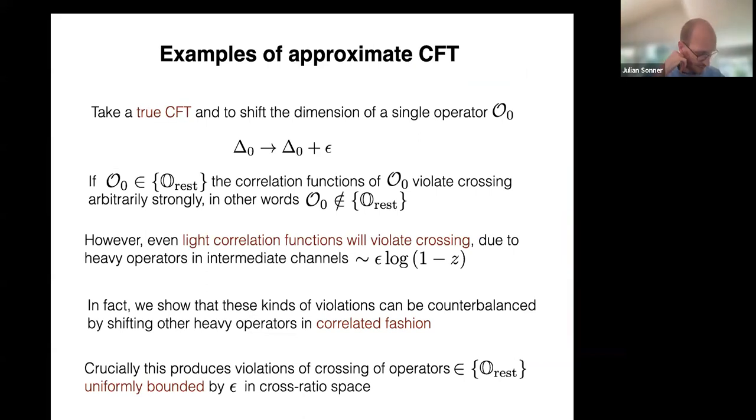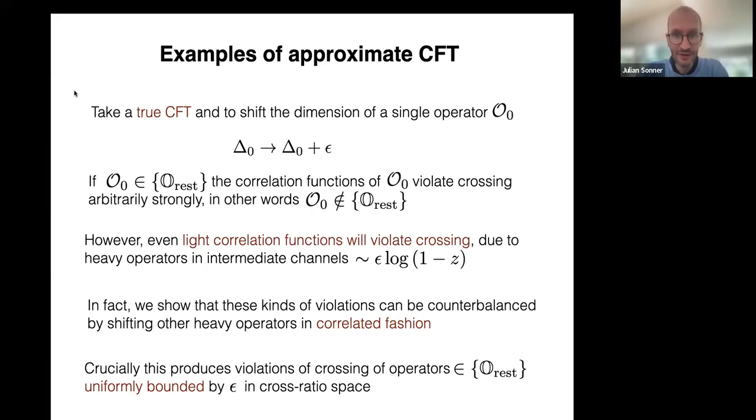So to reassure ourselves, we constructed some simple example of what such an approximate CFT would be. The simplest example that we could come up with, which also illustrates, by the way, one of the subtleties, is the following. Let's take a true CFT, so a set of CFT data that satisfies all the bootstrap constraints. And let's take a single operator O0 and let's just shift its conformal dimension. So you've taken a CFT, and if epsilon is small, then in some sense you'd expect that this thing is actually close to the original CFT.